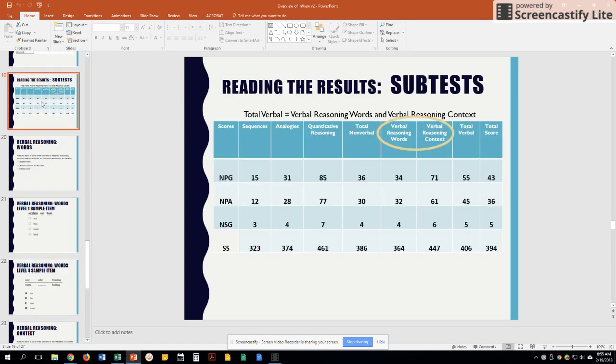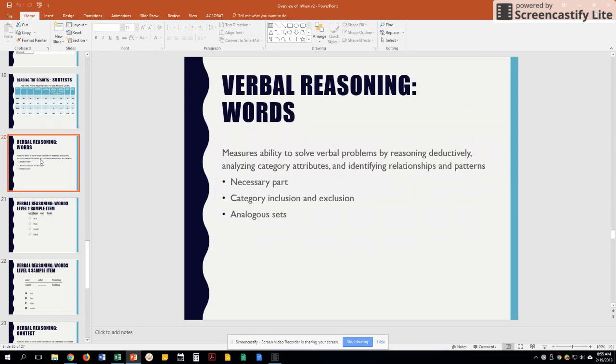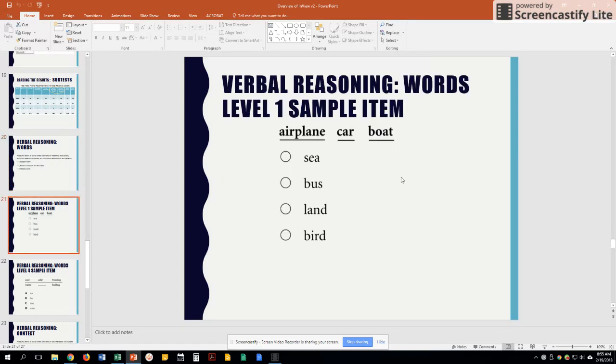In terms of the subtests for total verbal, when we're talking about verbal reasoning words, that's solving verbal problems, reasoning deductively, looking at attributes, relationships, and patterns. For instance, for verbal reasoning words, a very basic example is you have airplane, car, boat.